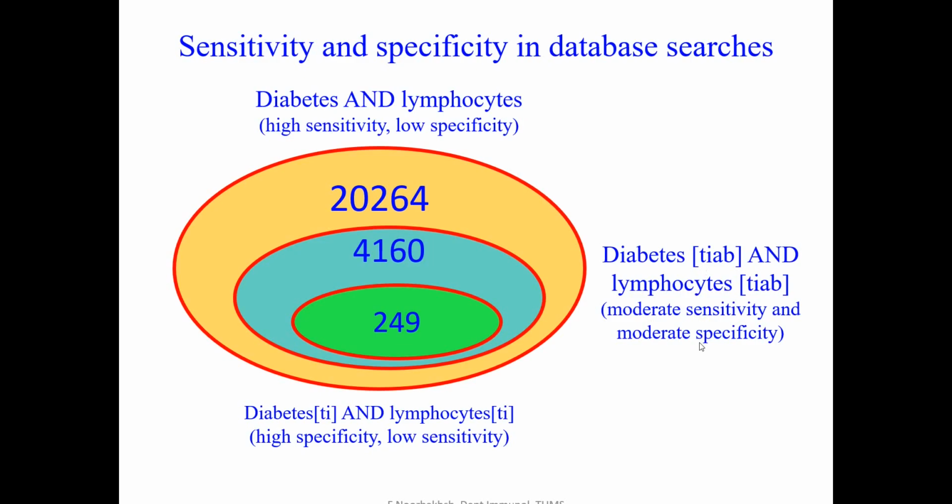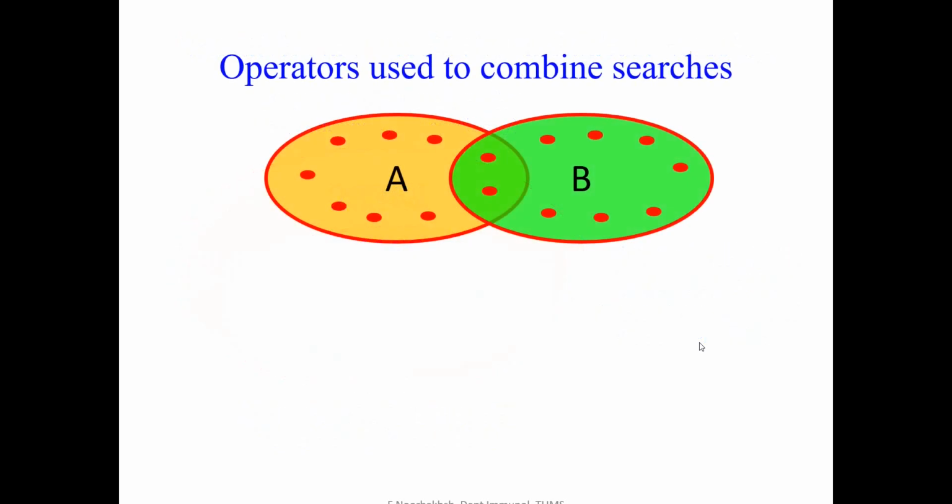So this is how you can use different search strategies to get to the results that you want, depending on whether you want to find all of the articles which have been published, or you want to focus on a very limited number of articles which are highly related to your search. So I thought that would be useful before we move on to Gene.